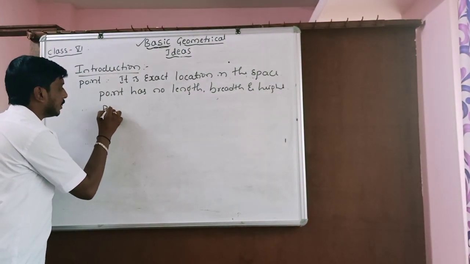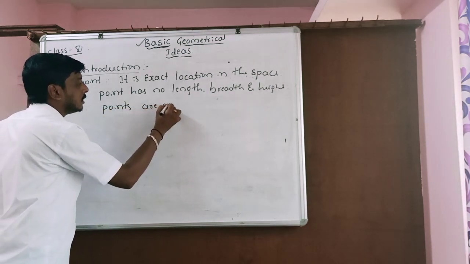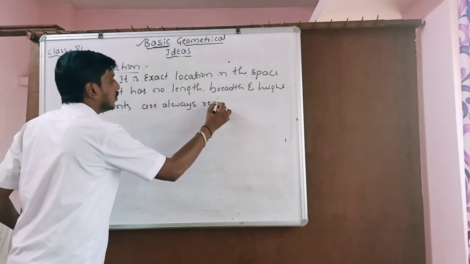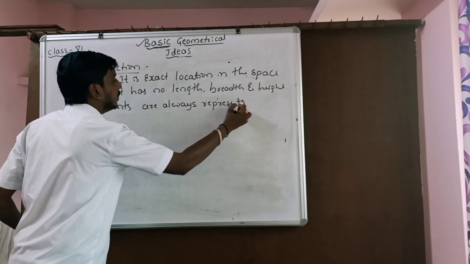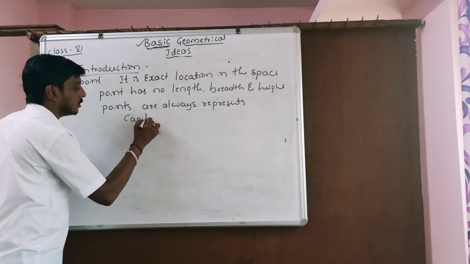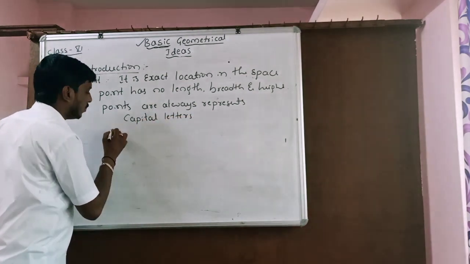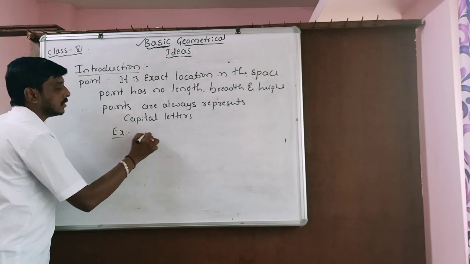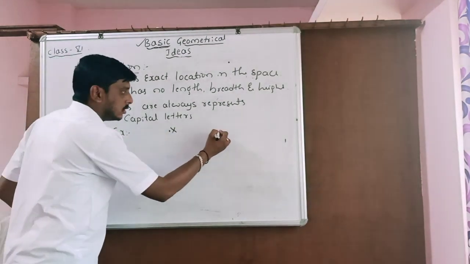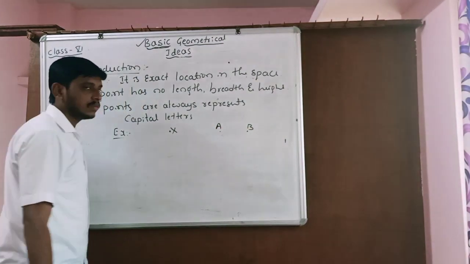Points are always represented by capital letters of alphabetical order. For example, here this is one point. That point name is X, I will take. These are two points, so those two points I will take as A and B. Got it?